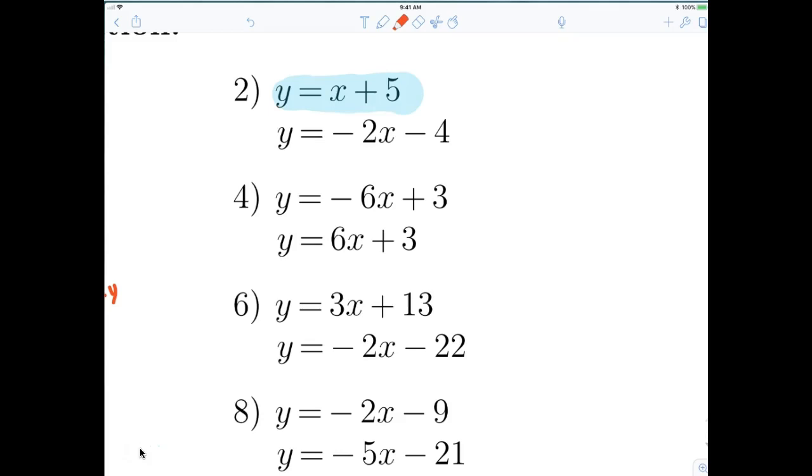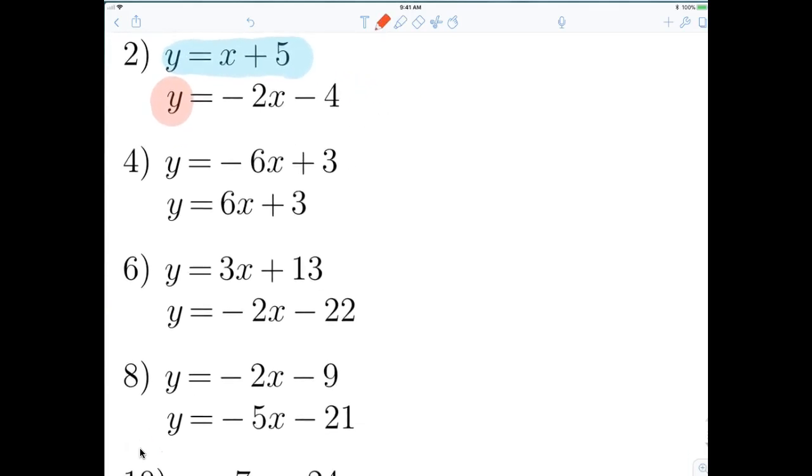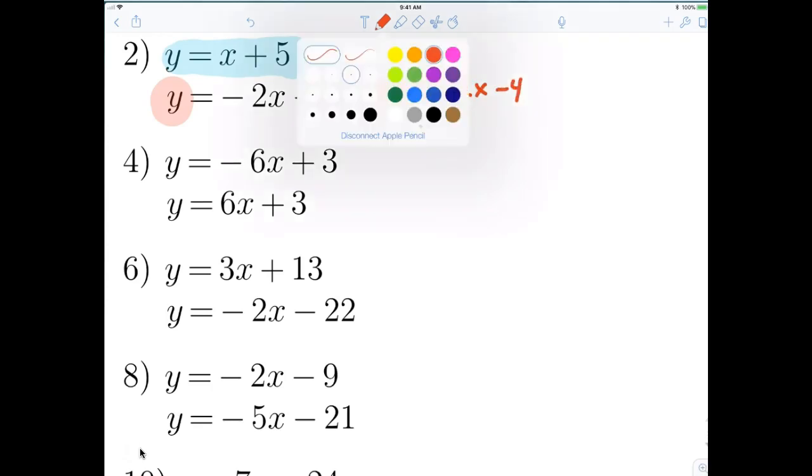That's how easy. Watch the demonstration: I change the red y to x plus 5, and that equals negative 2x minus 4.